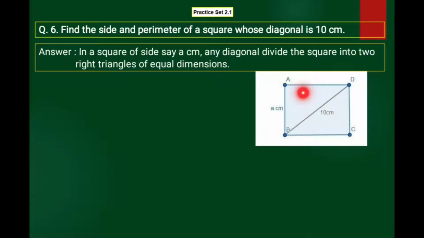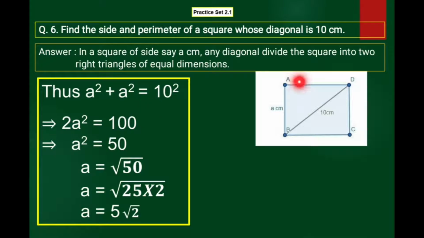So we use the Pythagoras theorem here. See this triangle ABD. Side AB is perpendicular to AD, and the diagonal BD is the hypotenuse. The length of AB is a, the length of AD is a, and the length of BD is 10, given.